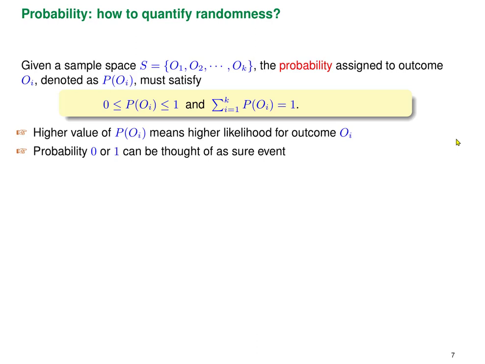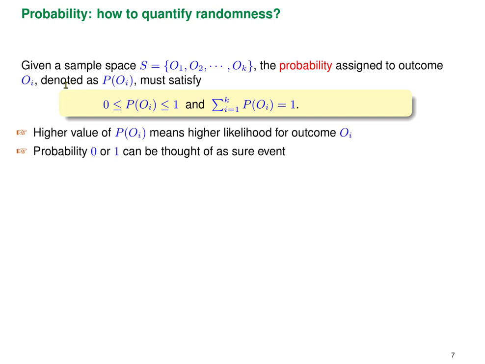Once we identify a random process and its corresponding sample space, which we denote as S, consisting of exhaustive and mutually exclusive outcomes, which we denote as, for example, O1, O2, and so on and so forth, then we can assign a number between 0 and 1 to each outcome, let's say Oi, which we refer to as the probability or the chance for the outcome to occur.